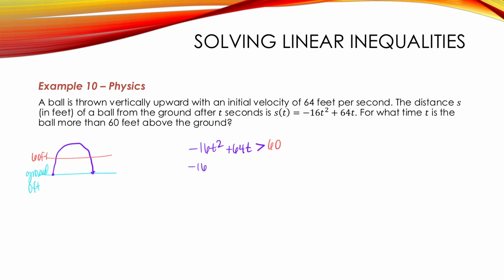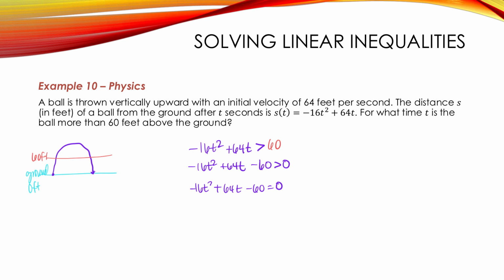So we get negative 16t squared plus 64t minus 60 is greater than 0. From here, we need to find the zeros of negative 16t squared plus 64t minus 60.